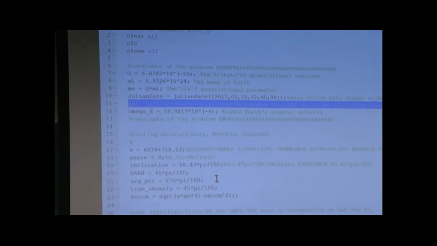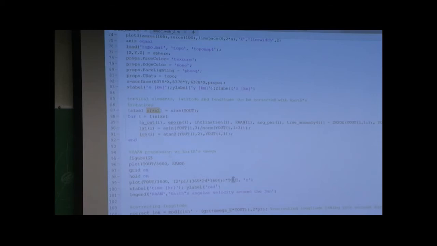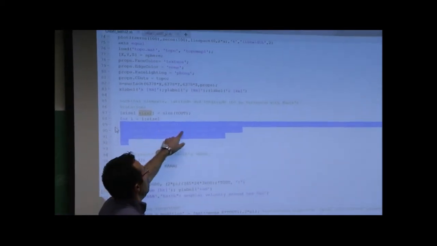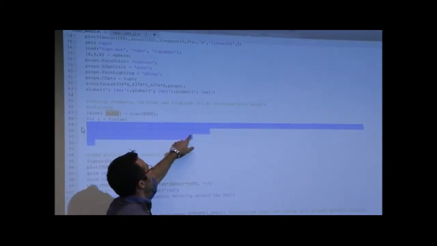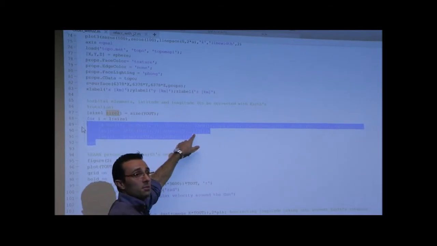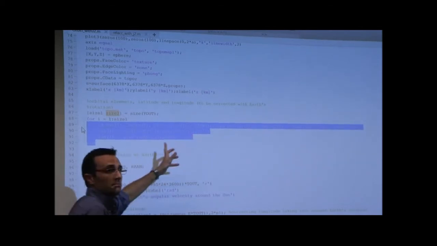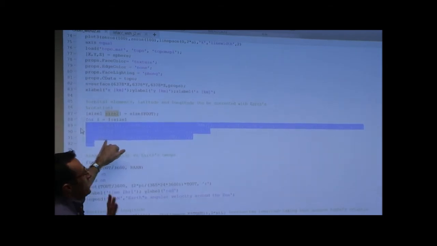Okay, so now what I'm going to show you is an example. I extract the angles at the bottom here after I do my integration in Cartesian coordinates. I go here, where I convert into orbital parameters. I have these additional instructions where I extract the latitude, which is an arc sine of the z component of the position vector in Cartesian coordinates, divided by the norm of the position vector. Simple trigonometry. And the longitude, but this is not corrected longitude for now.